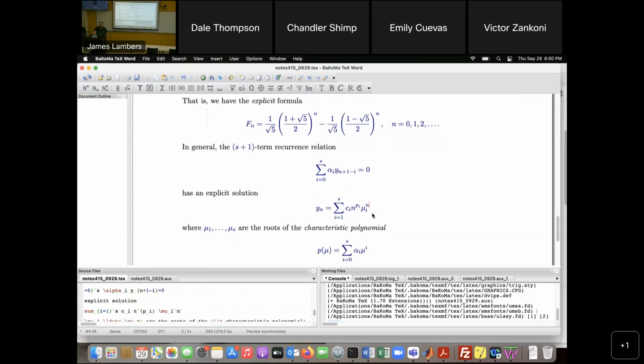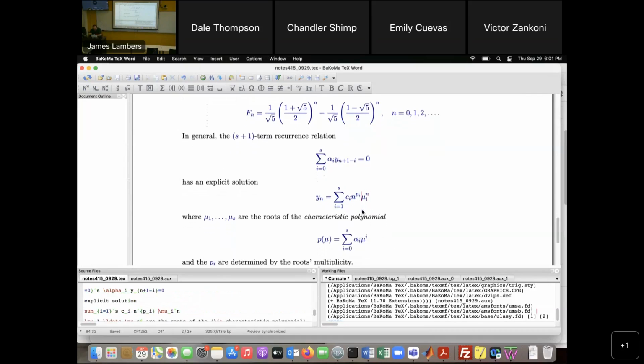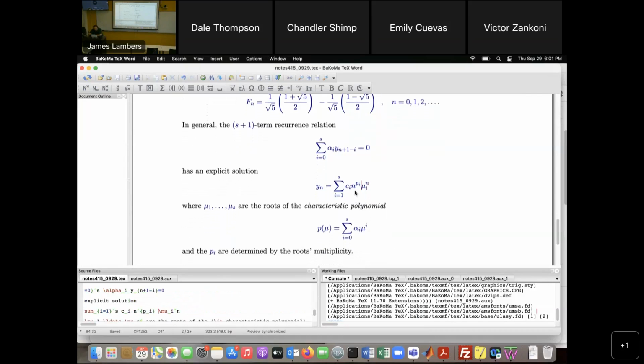Now those roots may be complex, they might repeat. The exponents here are determined by the multiplicities of the roots. If the roots are distinct, simple roots of multiplicity 1, you don't have this at all. Whereas suppose you have a triple root, so it occurs 3 times. You'll have a term involving n and a term involving n squared times the root raised to the nth power.